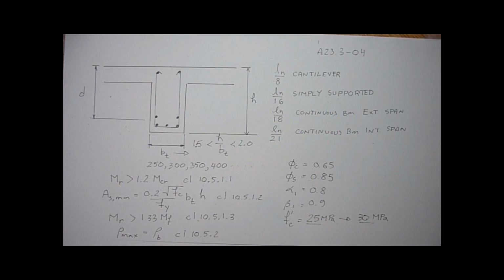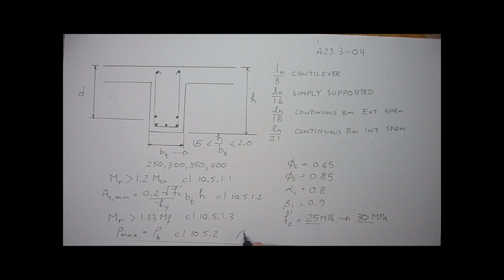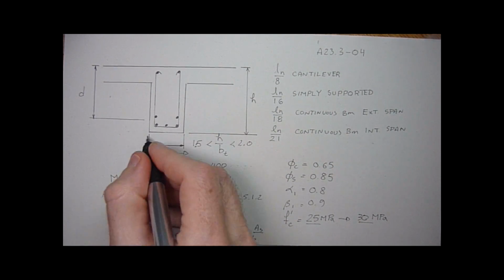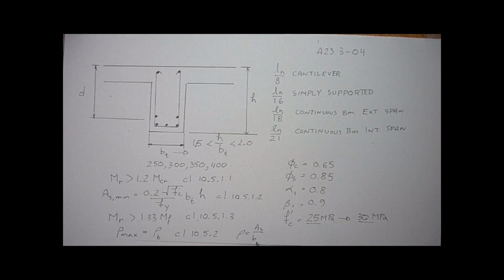But I wouldn't use that. I would say that the rho, which is incidentally the area of the steel over the width of the web times the depth, b d, that rho value you should keep well below the rho max.